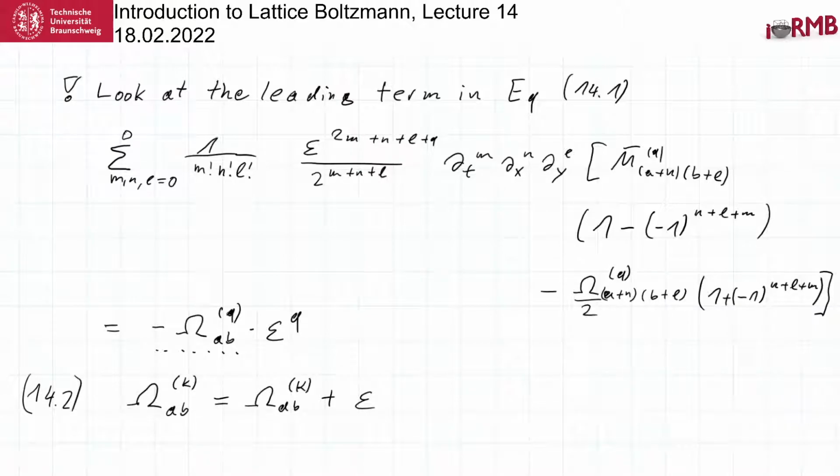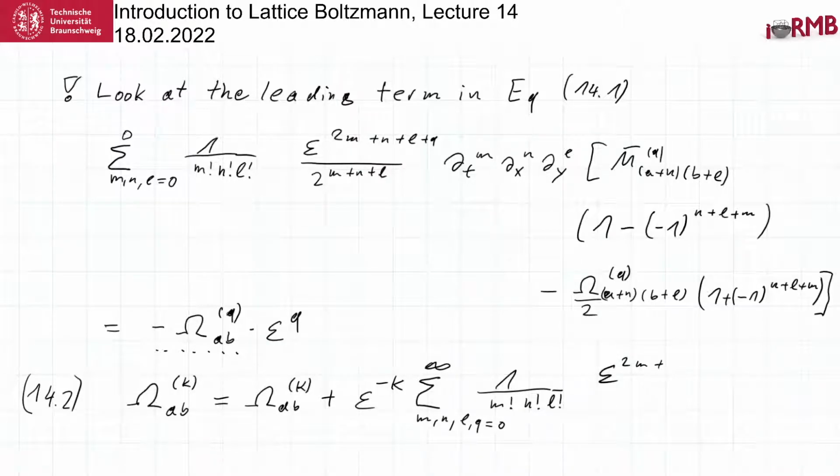So if we put epsilon to the power of minus k in front of this big sum, m, n, l, and q equal to 0 to infinity, 1 divided by m factorial, n factorial, l factorial into epsilon to the power of 2m plus n plus l plus q, divided by 2m plus n plus l.